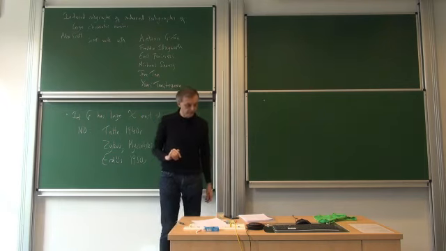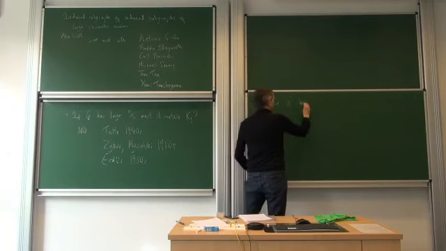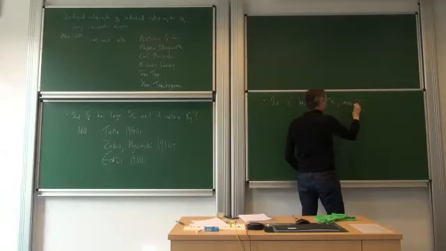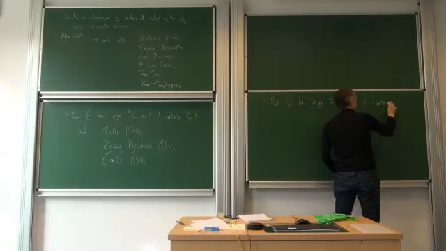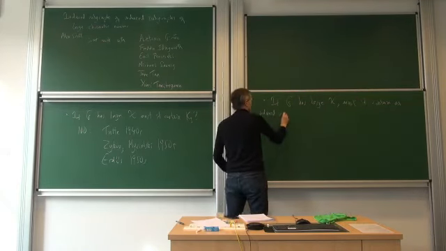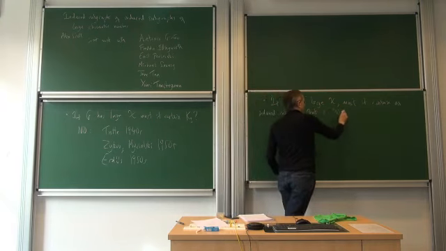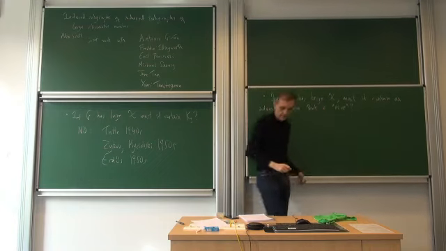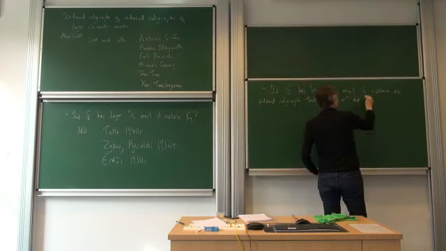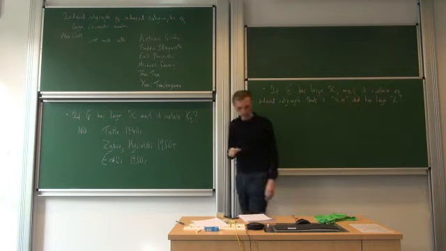So the general question is, if G has large chromatic number, and G has an induced subgraph that's nice, and that has large chromatic number.